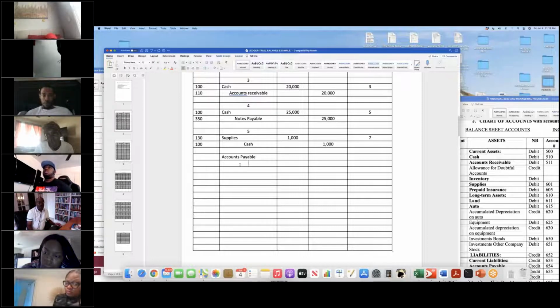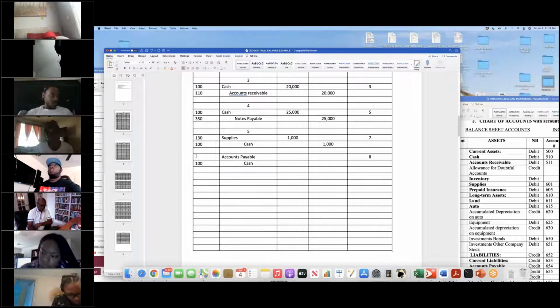And once again, we're crediting cash. This is a type what? 8. Cash is 100. What's accounts payable? 301. What's our amount? 5,000.